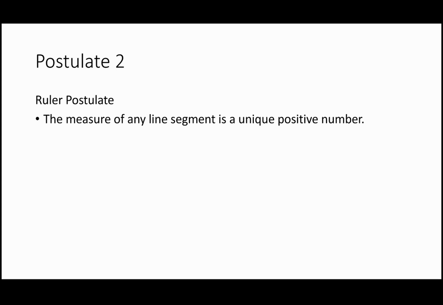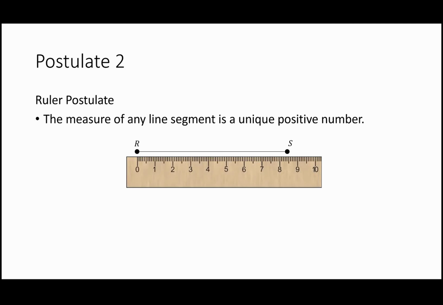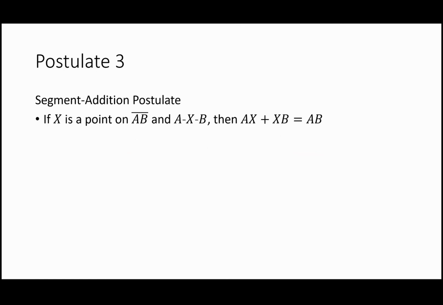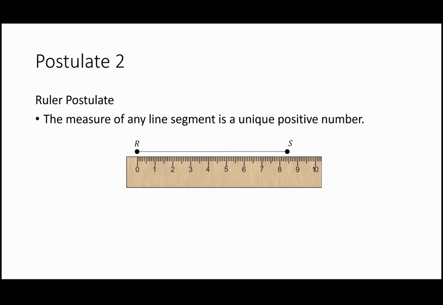So, what does the ruler postulate say? It says the measure of any line segment is a unique positive number. Think back to our example of measuring line segment RS earlier in this lecture video. This line segment RS had a unique positive number, 8.5 centimeters, as its measurement.